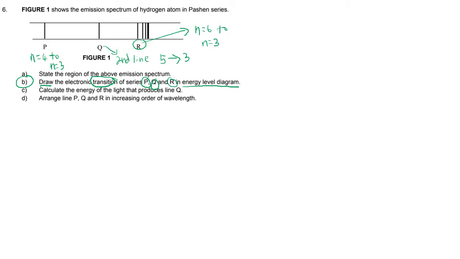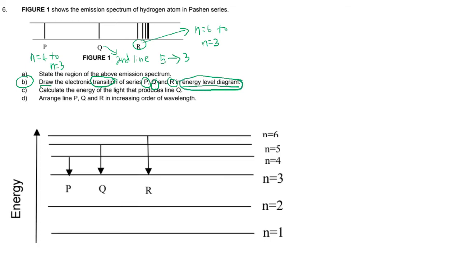Okay, before we label the transition, first we have to draw the energy level diagram. For the energy level diagram, we have to label the vertical axis as energy, and for the horizontal lines, we have to label the energy levels n equal to 1 up to n equal to infinity.